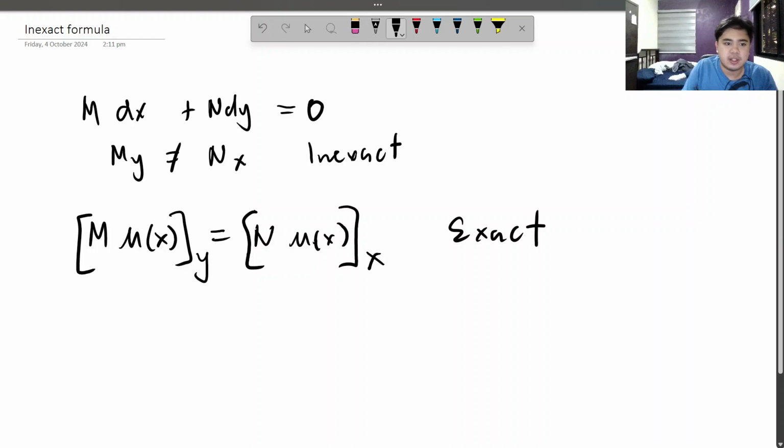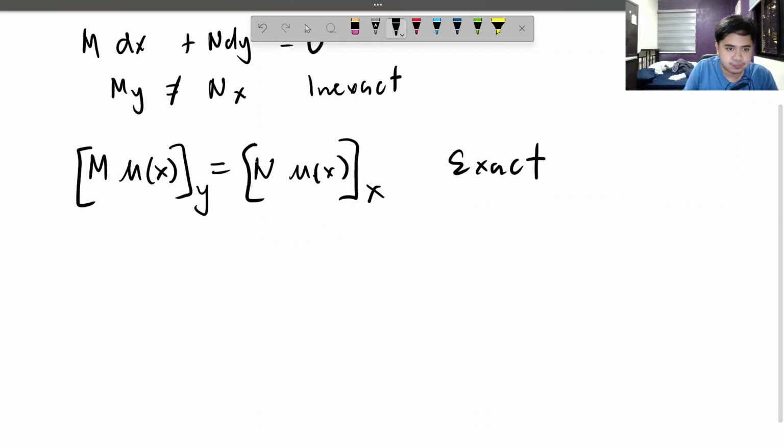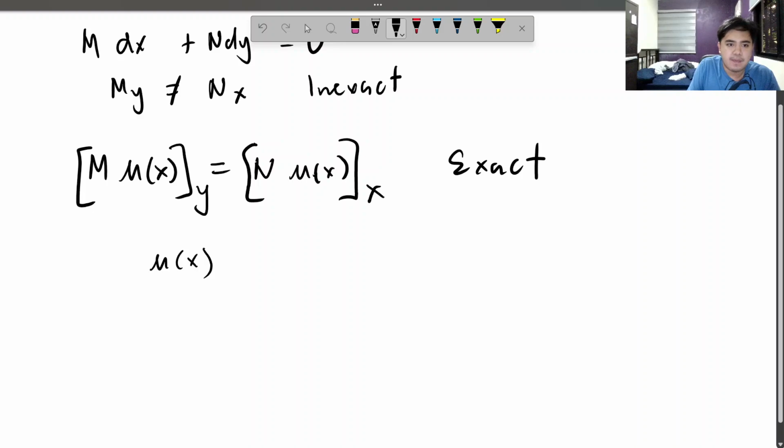So how do we make this exact if my and nx are not equal? Well, let's do the process of partial differentiating both sides. Since mu of x is just a constant with respect to y, mu of x remains unchanged on the left hand side, and the partial derivative of m with respect to y is just my.